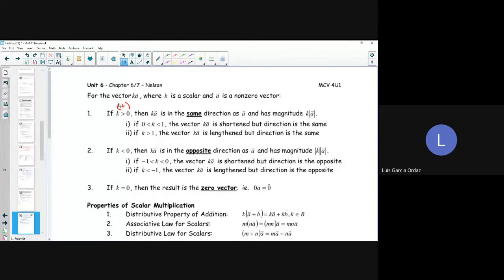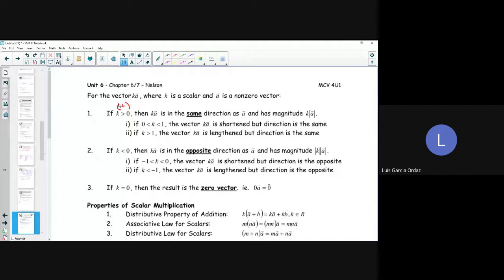However, if k is less than 0, which means if k is negative, then ka is in the opposite direction as vector a and has the magnitude of k times the magnitude of vector a. Which means that if k is between 0 and -1, the vector ka is shortened, but in the opposite direction.